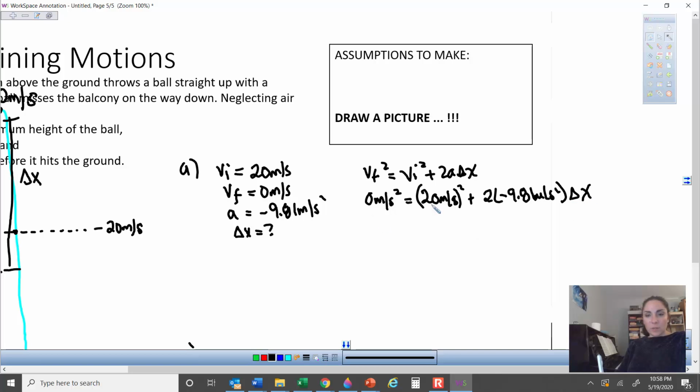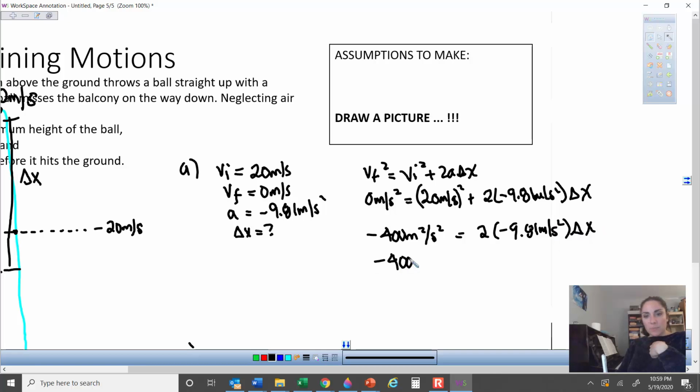This becomes 20 squared is 400, so I'm going to take that and subtract it over to this side. So I have negative 400 meters squared over second squared is equal to 2 times negative 9.81 delta x.